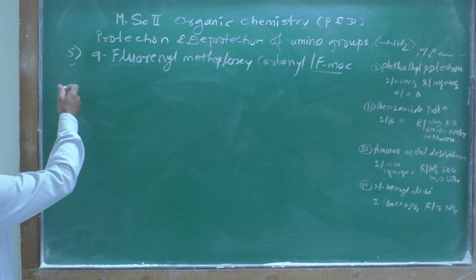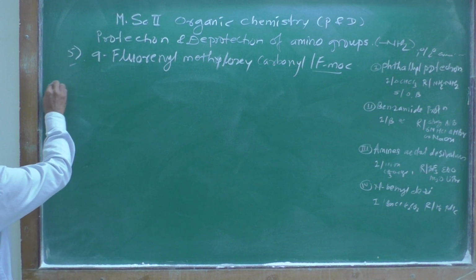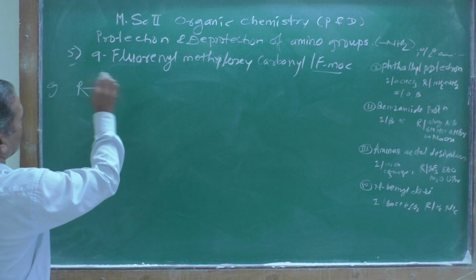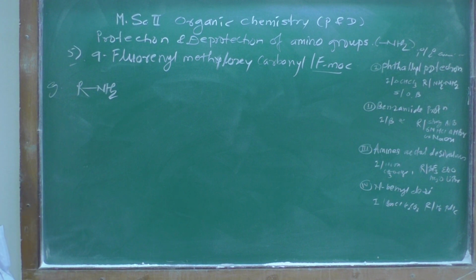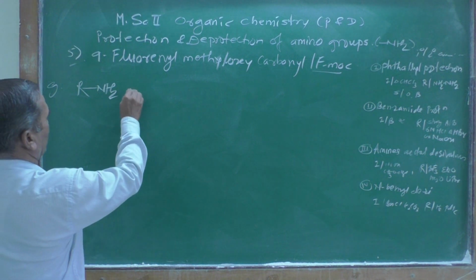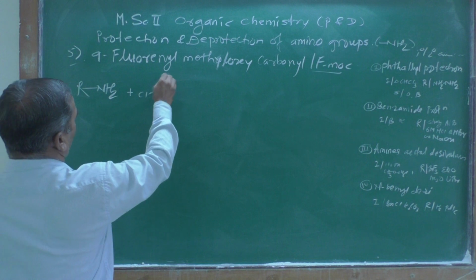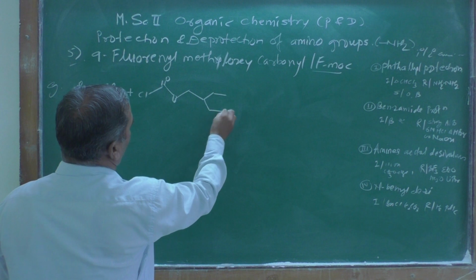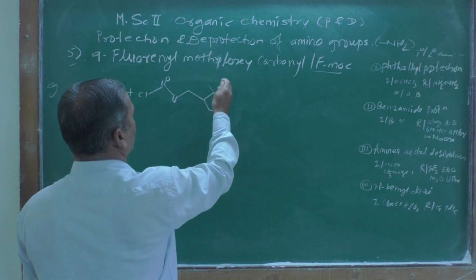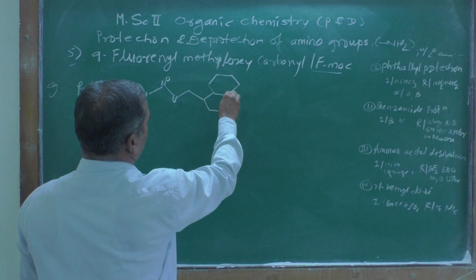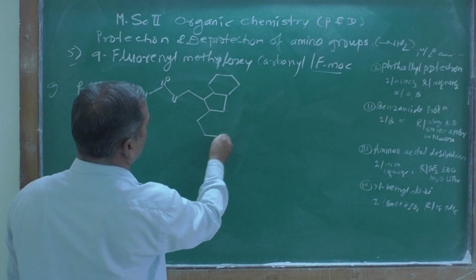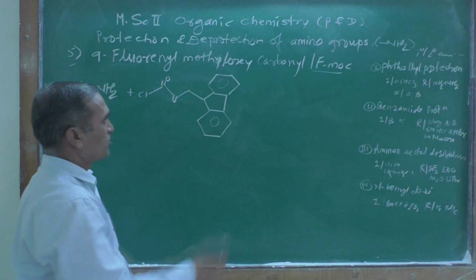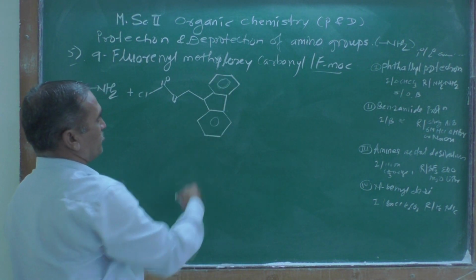Now let us see an example here. Suppose we start with RNH2, a primary amine, and this is treated with Cl, C double bond O, then CH2, then the 5-membered ring attached to the 6-membered ring, which in short you can write as a benzene ring.